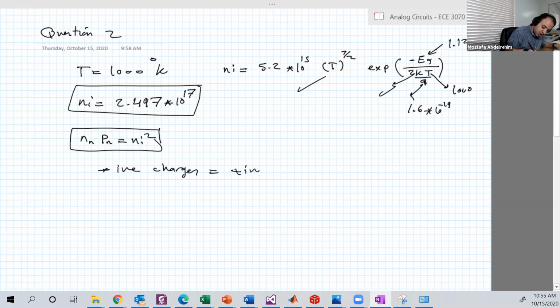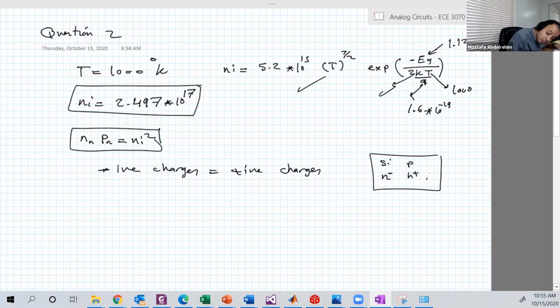If you have a sample of silicon like this, doped by phosphorus, there will be N electrons, negative charge. There will be holes, which are positive charge, and there will be positive ions, which is the Nd itself. So Nn equal to Pn, which is the holes, plus Nd, which is the dopant atoms.